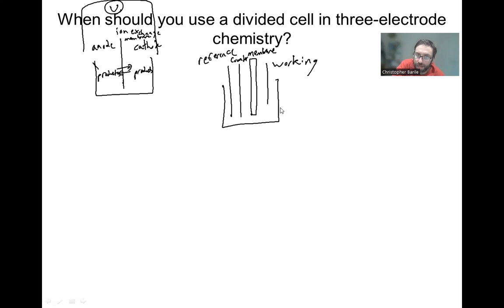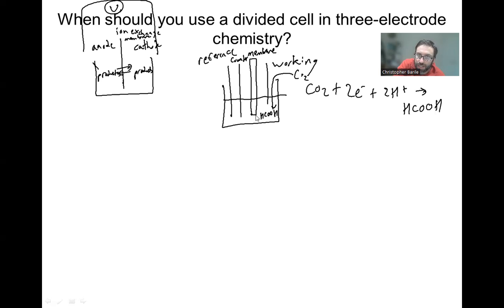And so let's say I just like to use the example of CO2 reduction. And I'm doing CO2 reduction to, let's say, formic acid. Okay. If I'm doing that on the working electrode, that's the reaction I'm studying. I'm bubbling CO2 into my solution here, and I form some formic acid.